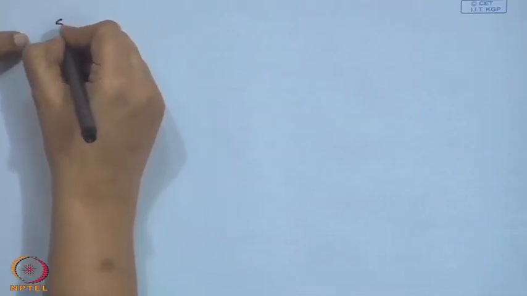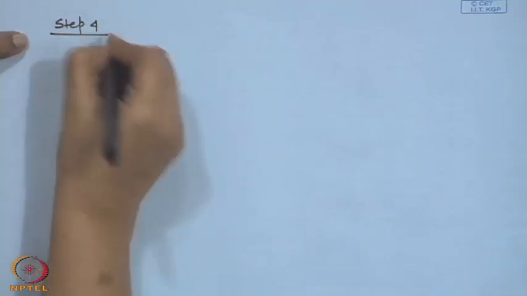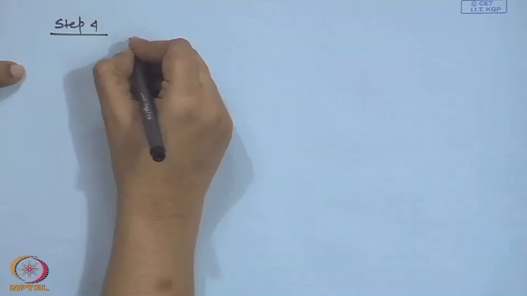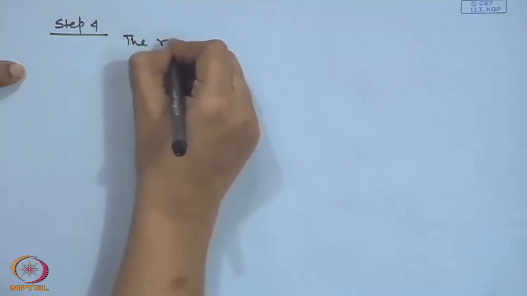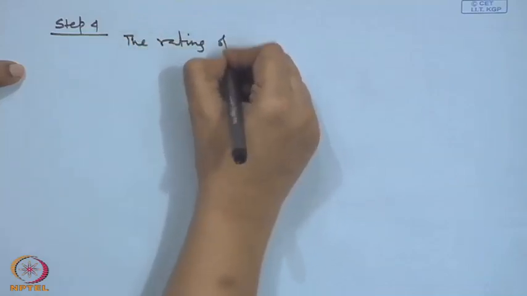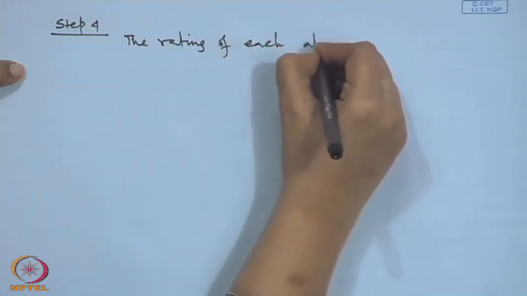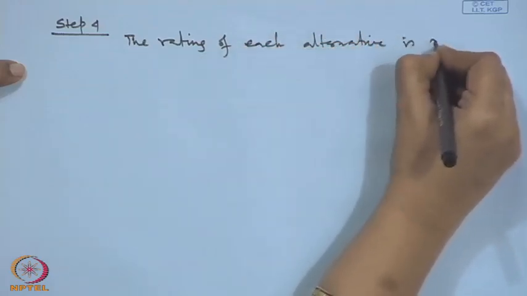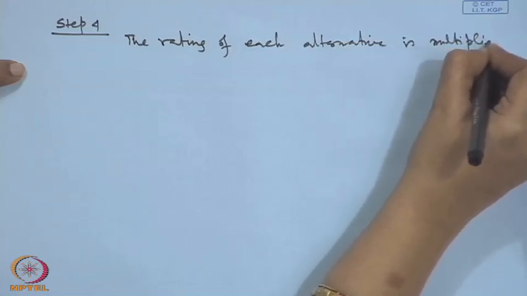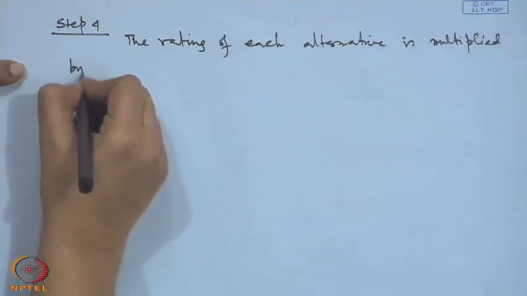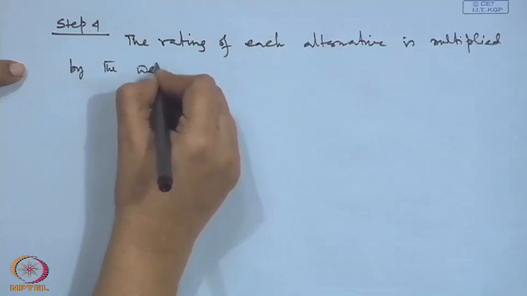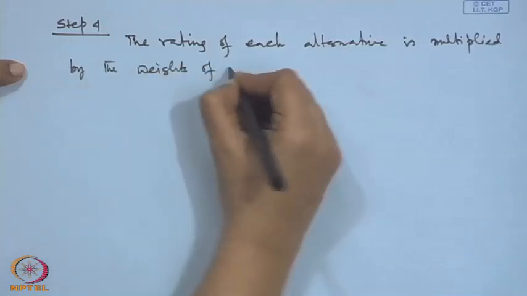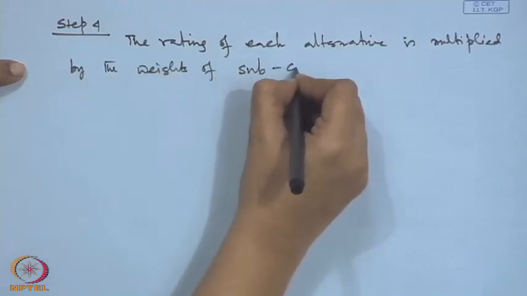And once it is over, then the next step, step 4, would be: ratings of each alternative are multiplied by the weights of the criteria or sub-criteria.